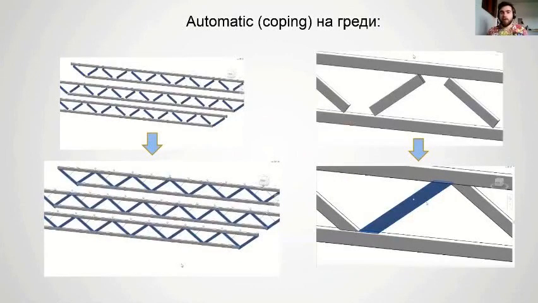Automated coping of beams. So yeah, here we have trusses in Revit. And I don't know if you've worked a lot with Revit, but when you just create a truss and apply the different types of beams, it looks ugly. It doesn't look properly.